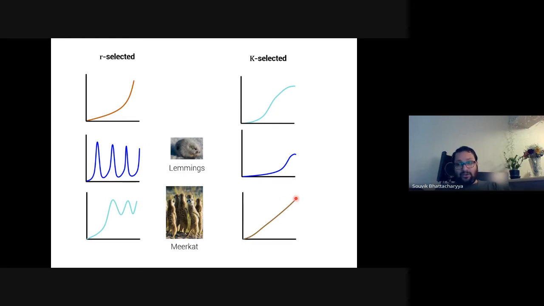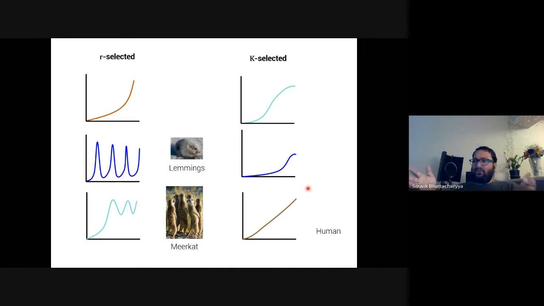It looks like a straight line, but it's not, because it's a very long, gently sloping S-shaped curve, and we're just looking at a small section of it. One example would be human growth. So various growth strategies are applied by organisms for survival in the natural environment.